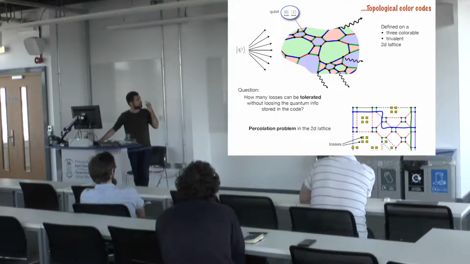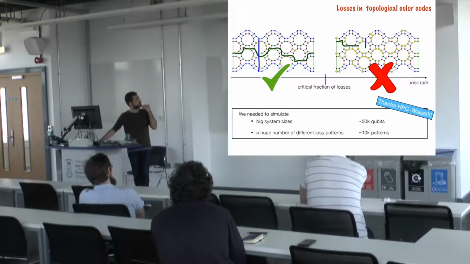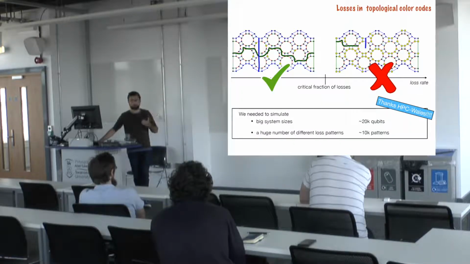The idea is that if we are able to find these 2 paths, we are able to reconstruct the state psi, because it's possible to show that these 2 paths contain the same information that was initially stored in the lattice. So what we did was try to find the minimal number of losses that the lattice could afford, and still be able to find 2 percolating paths in the lattice.